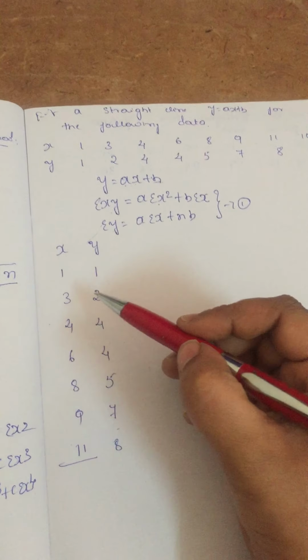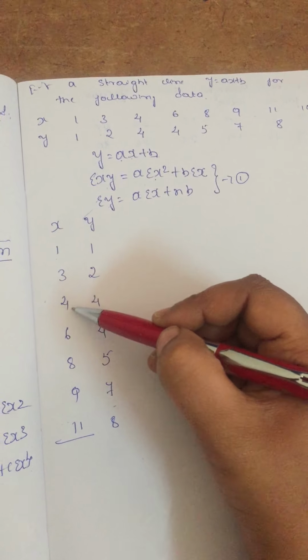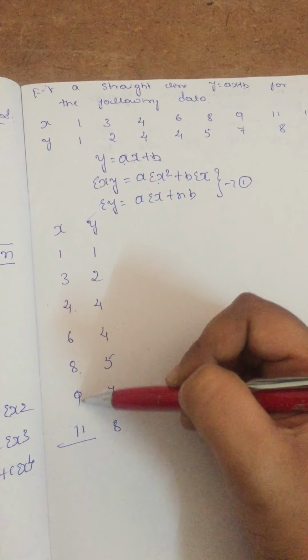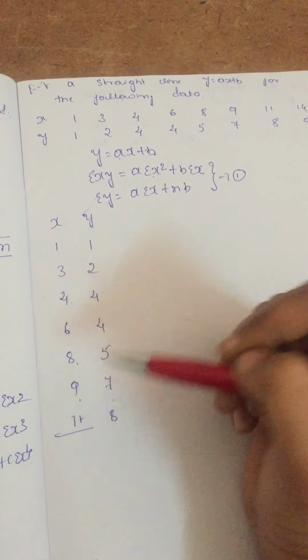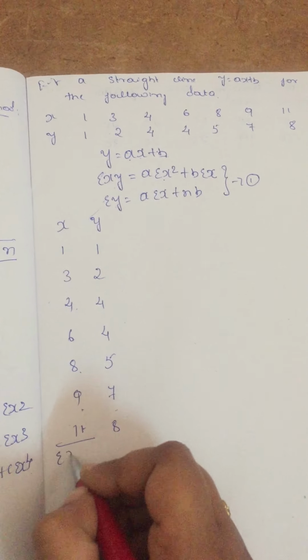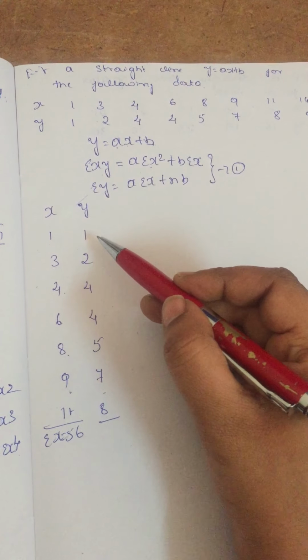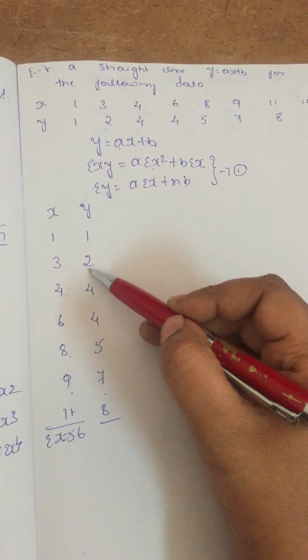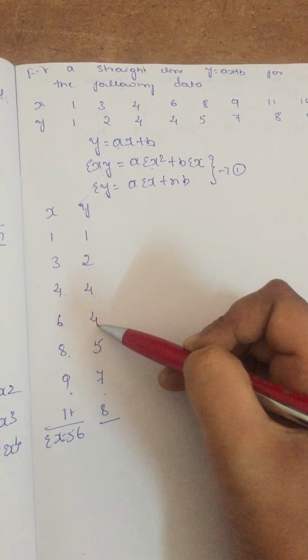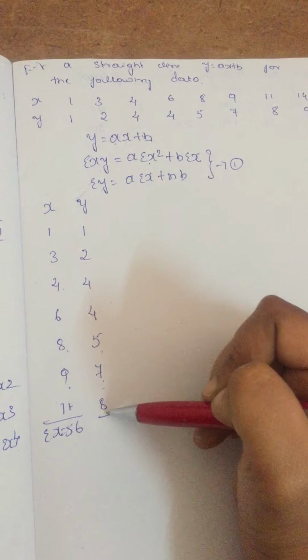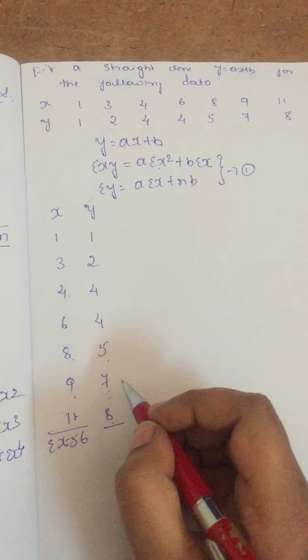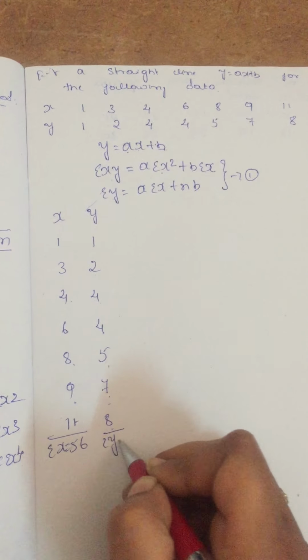Summation x means add 1 plus 3 plus 4 plus 6 plus 8 plus 9 plus 11, which is equal to 56. For y, 1 plus 2 plus 4 plus 4 plus 5 plus 7 plus 8, the total summation y is 40.